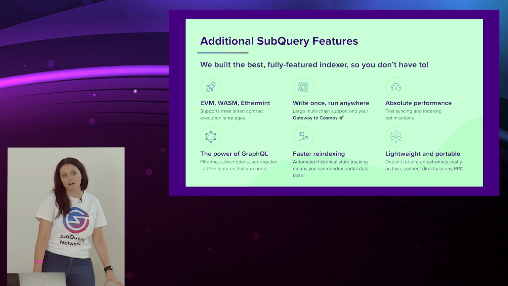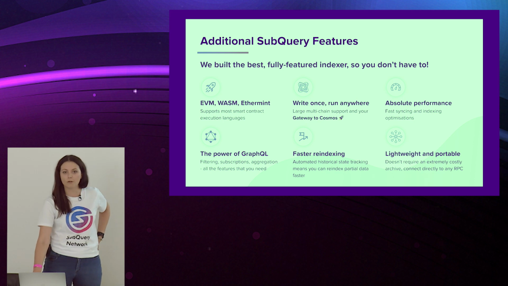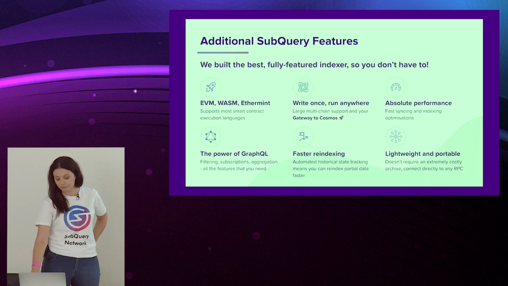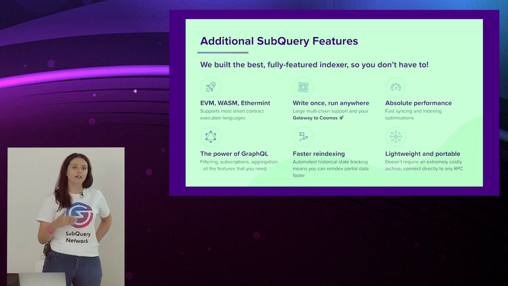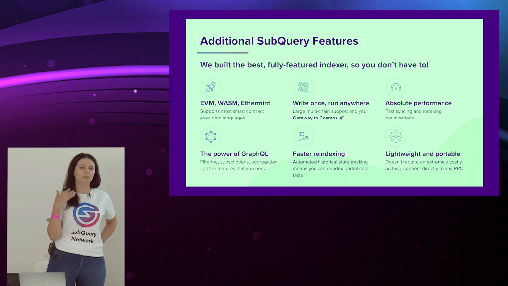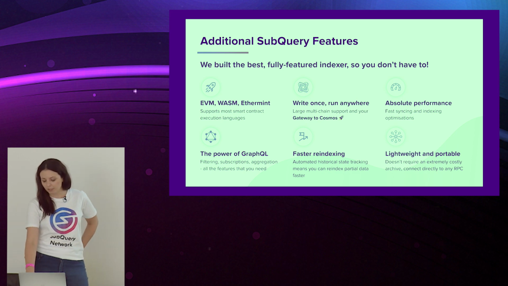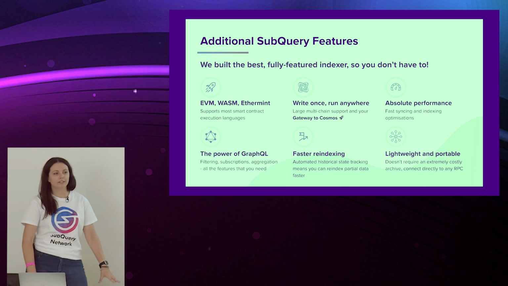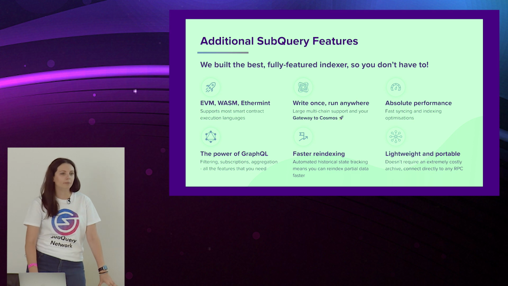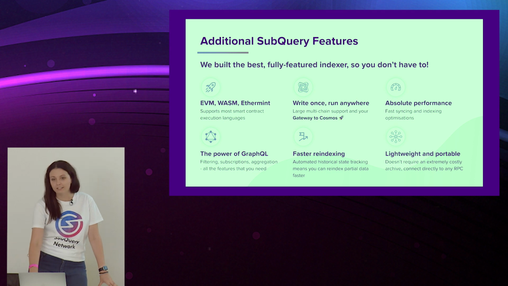A lot of people are familiar with GraphQL, so it should be comfortable for them. And reindexing, we also introduce a lot of features to allow developers to reindex data fast if this is needed. And it's quite portable. You can connect to any RPC endpoint, so it truly should be absolutely adjustable, flexible, and you can tweak it to your needs, and that was the aim.